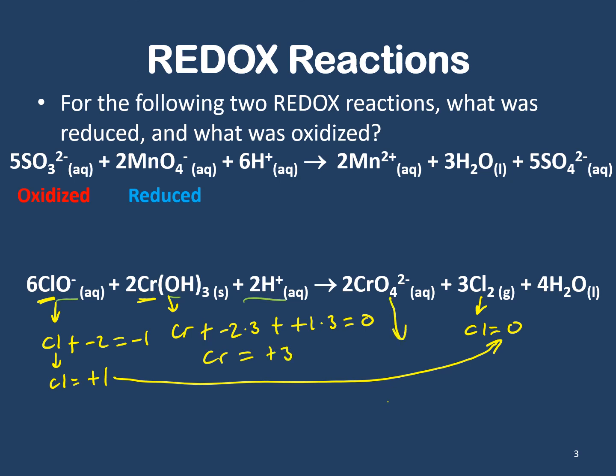Now, in chromate over here, we have Cr's oxidation number plus oxygen's times 4 has to equal -2. This tells me my chromium oxidation number has to be +6. This is an increase in our oxidation number, and therefore chromium must have been oxidized.